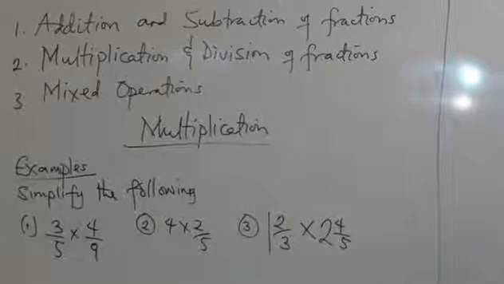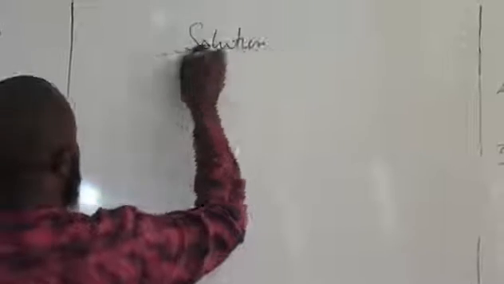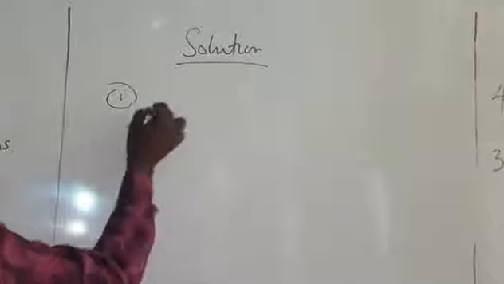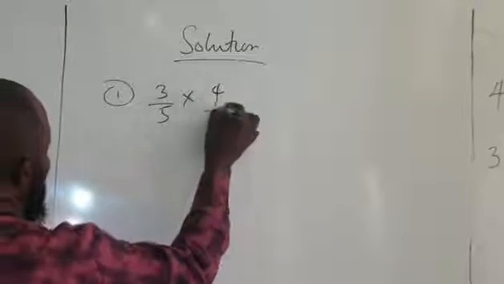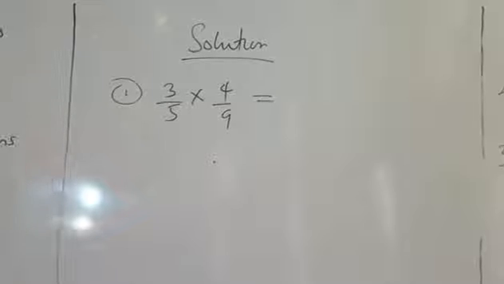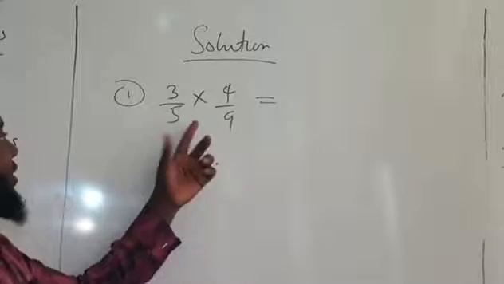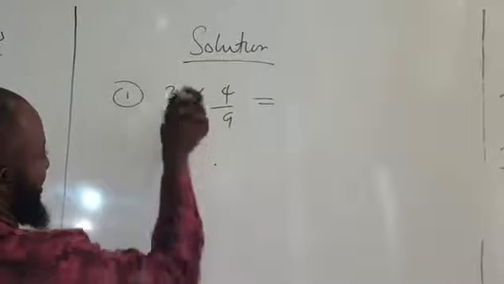So simplify the following. The first question that we have here is 3 over 5 multiplied by 4 over 9. What you're expected to do here, you notice that what we have between the two fractions is multiplication. So it means we can divide.